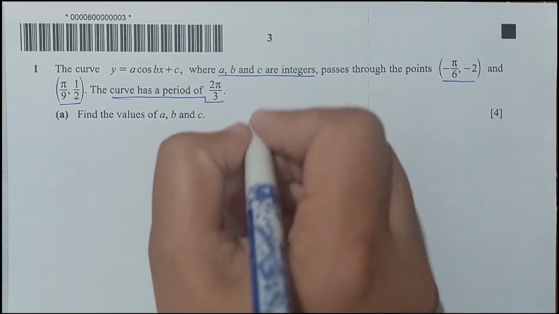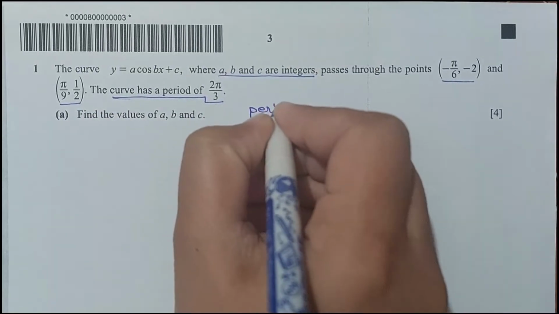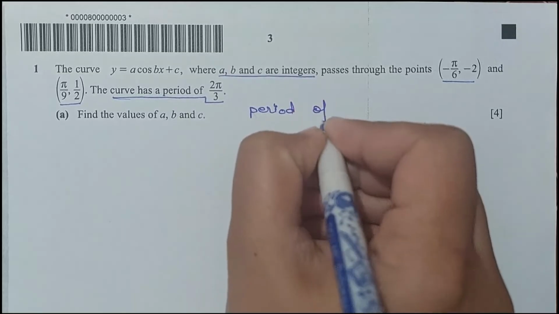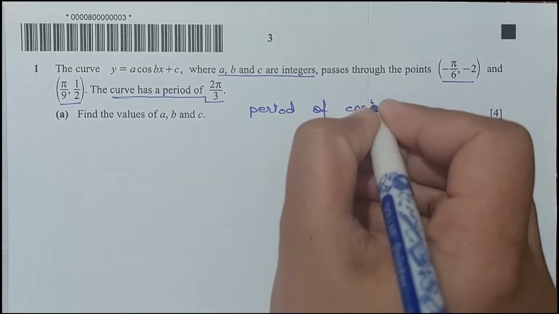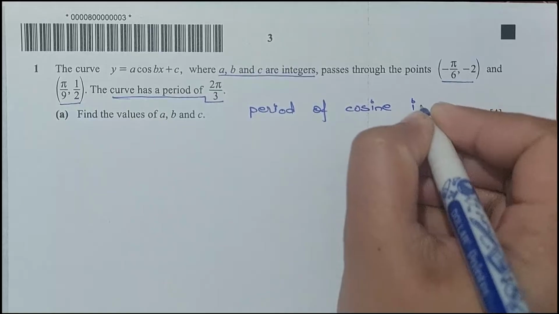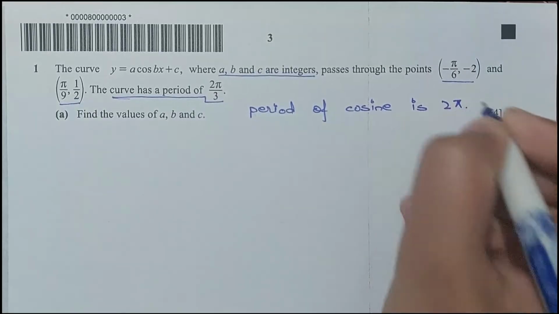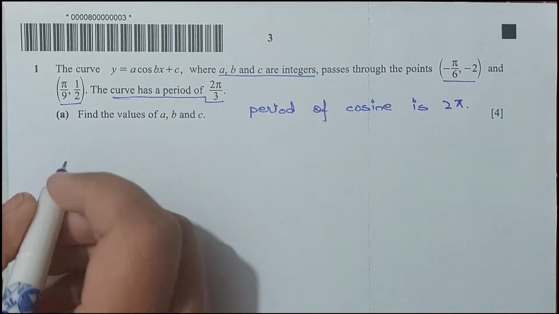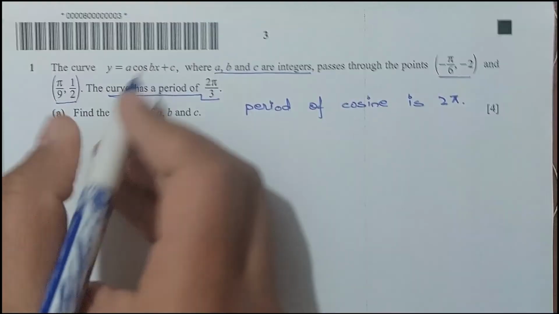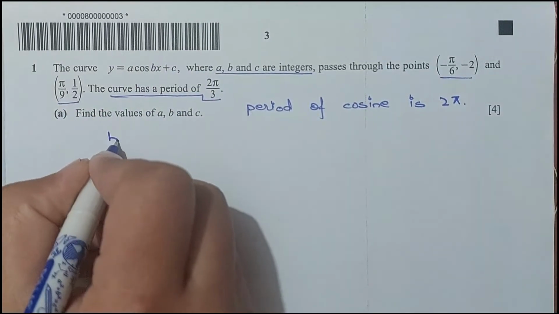Okay, it is a cosine and the period, we know that the period of the cosine function is 2 pi in terms of radians. Now what is the formula for b?